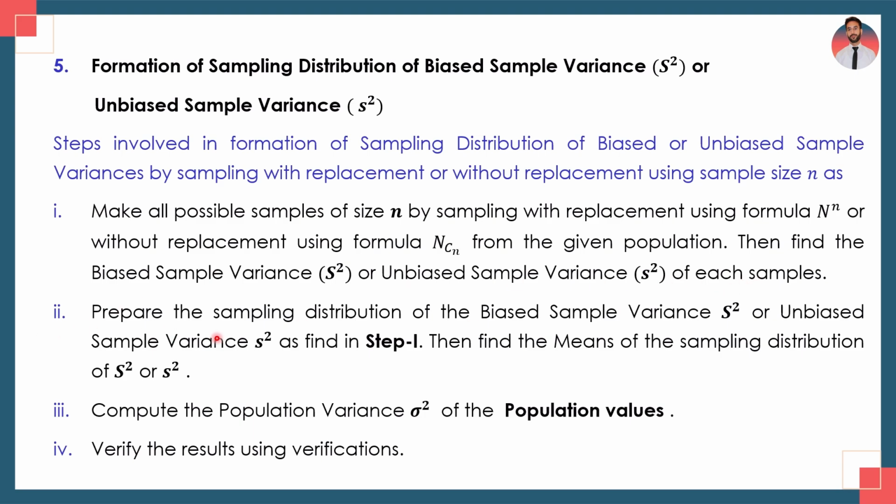In the second step, prepare the sampling distribution of the biased sample variance S square or unbiased sample variance small s square as we have found in step 1. Then find the mean of the sampling distribution of S square or small s square. In the third step, compute the population variance sigma square of the given population values. And in the last step, verify the result using verification formulas. And these are the 4 steps to make the sampling distribution of the biased variance or unbiased sample variance.